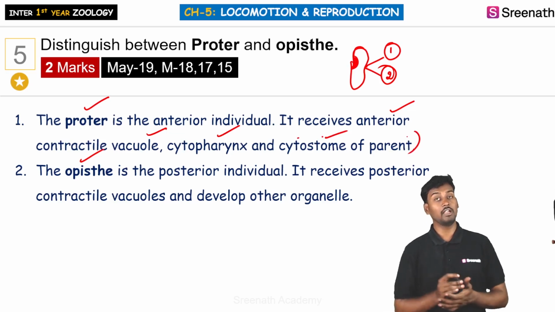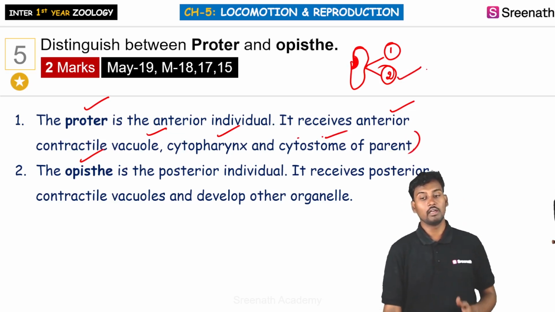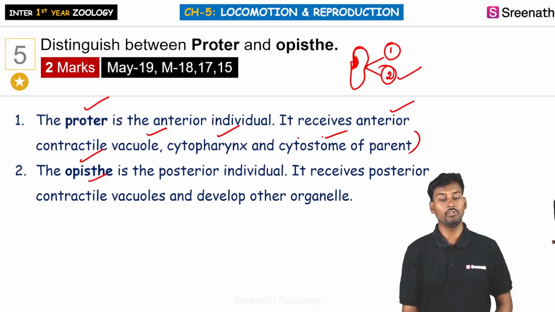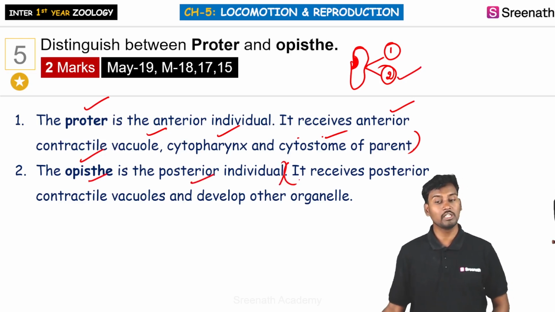The second daughter cell, the posterior individual, will be receiving the posterior contractile vacuole, that is the posterior end of the vacuole.